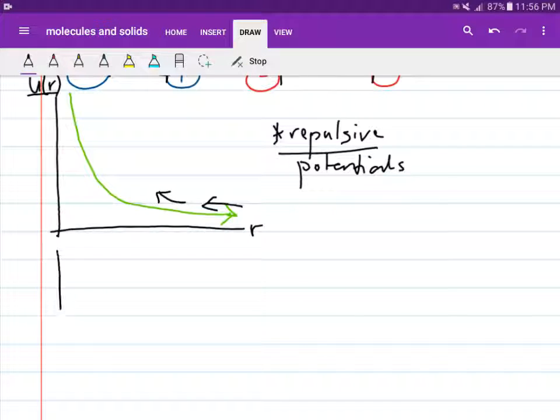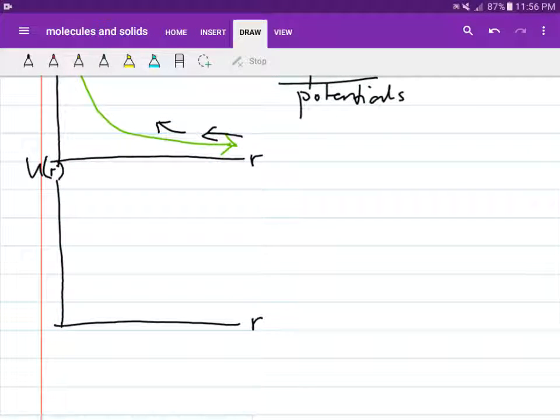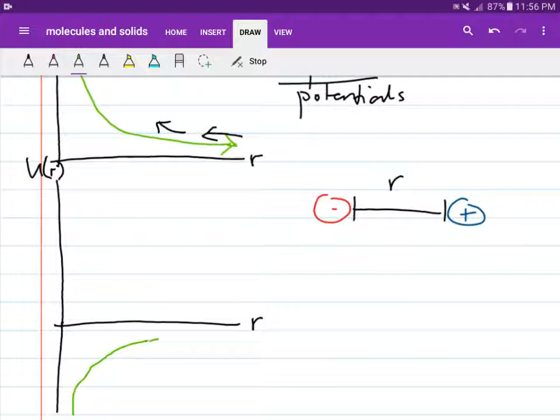So for attraction, this is R, this is U of R. So say you have here a minus charge and a positive charge separated by a distance R. Now, their potential energies, or the potential energy associated to R in this kind of situation, will be like this.